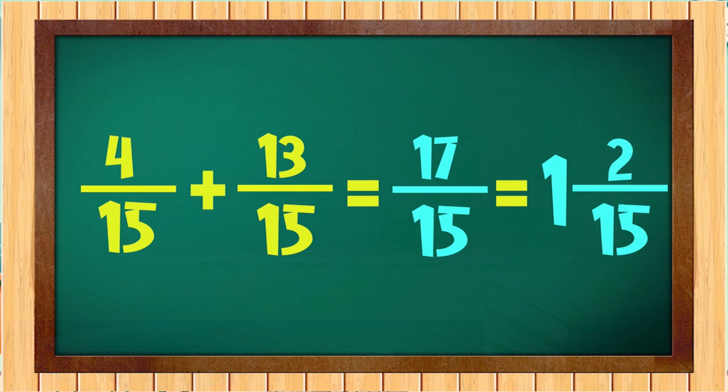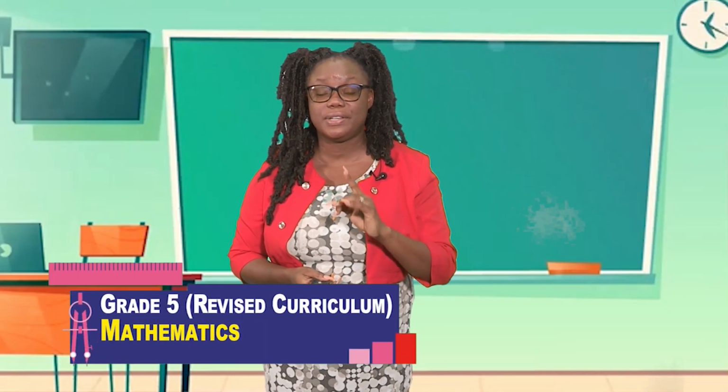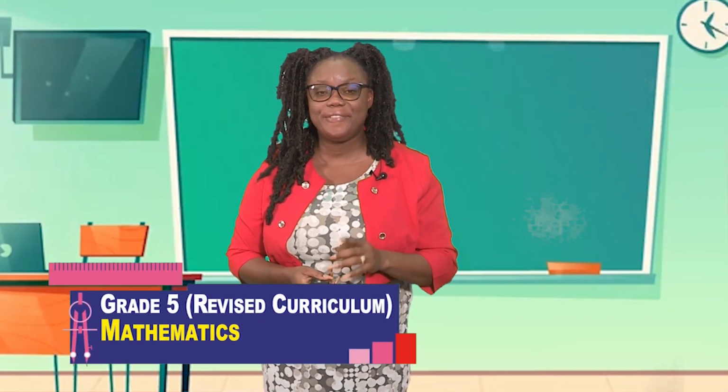The quotient becomes the whole number and the remainder becomes the numerator. So our answer is 1 and 2/15. Boys and girls, I trust that you would have understood how to add fractions with like denominators.